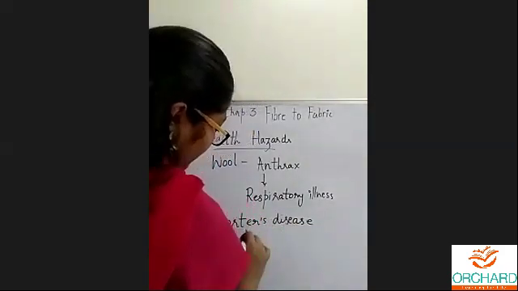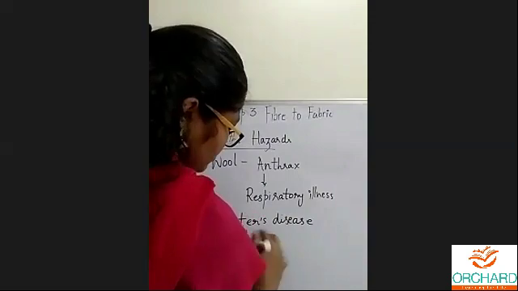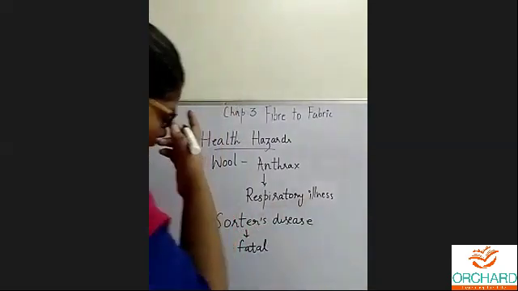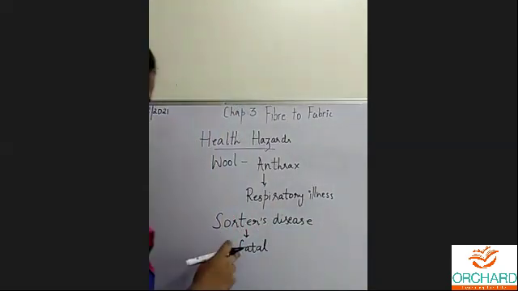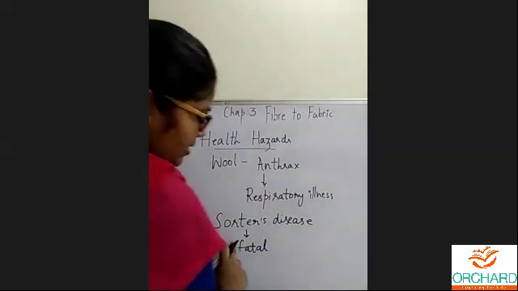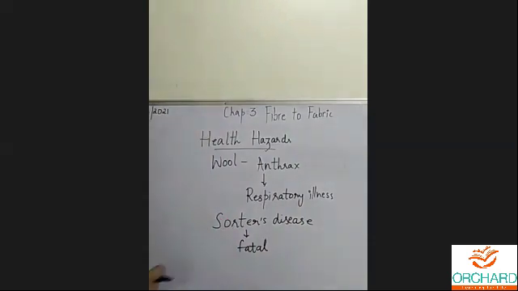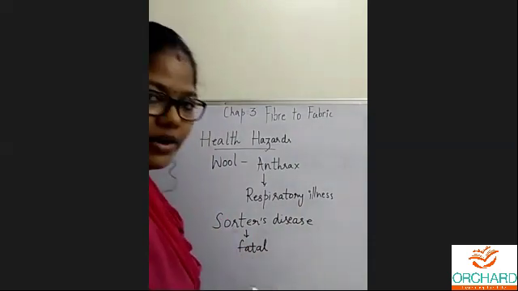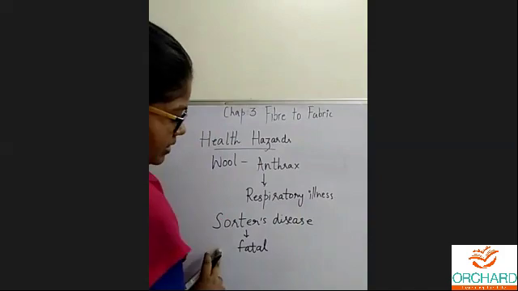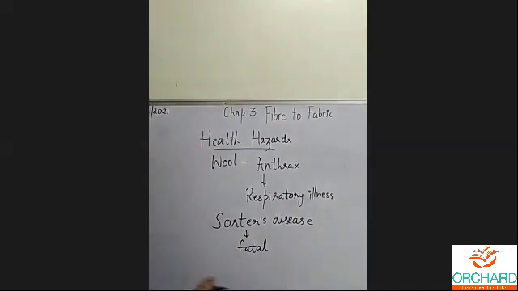It is a fatal disease, which means people die when they get that disease. In the past it was very common, but now it has reduced because vaccines are introduced to control this disease and it has become very rare.